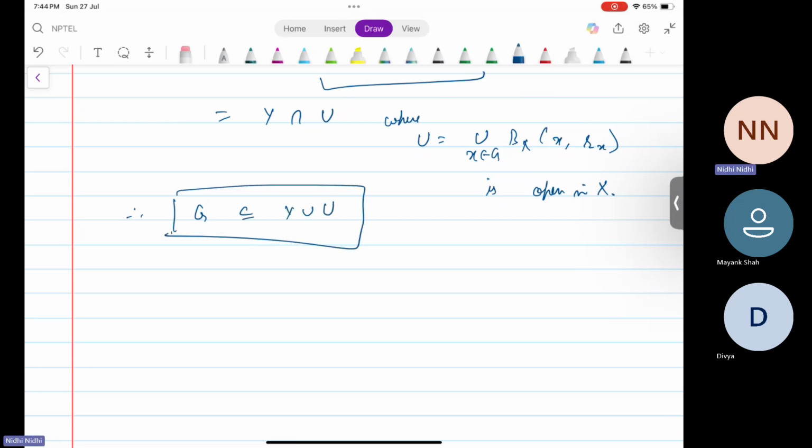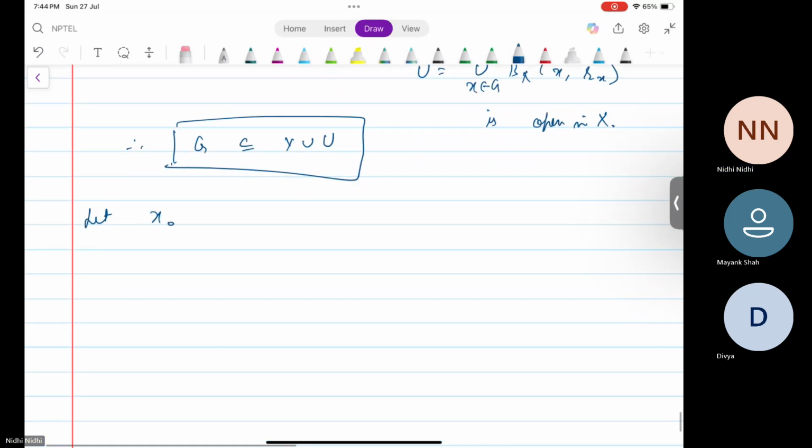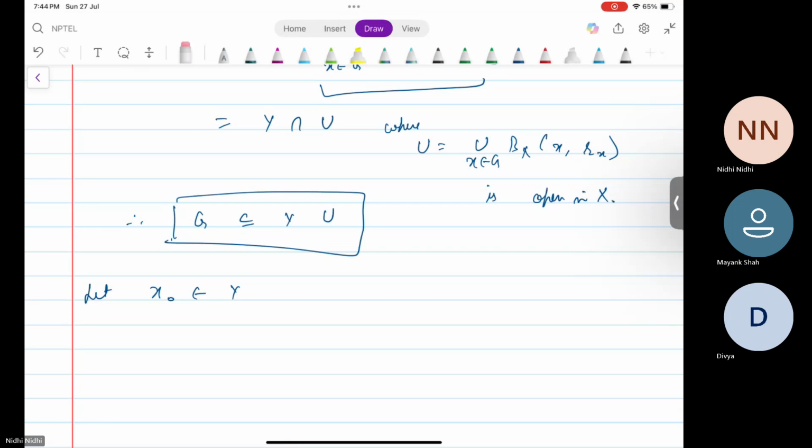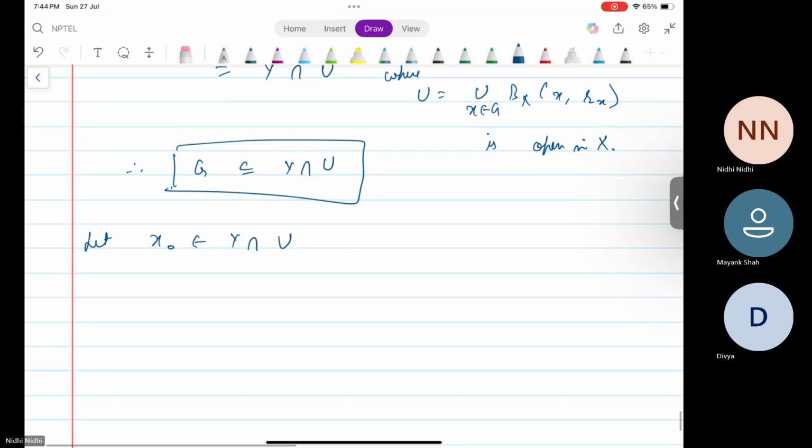Now, let x naught belong to Y intersection U. This implies x naught belongs to Y and x naught belongs to U, which is equal to the union over x in G of B(x, r_x).